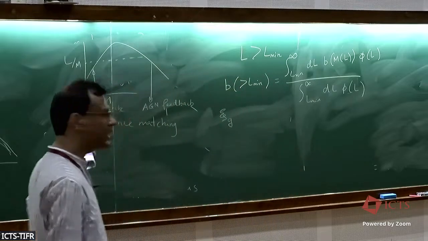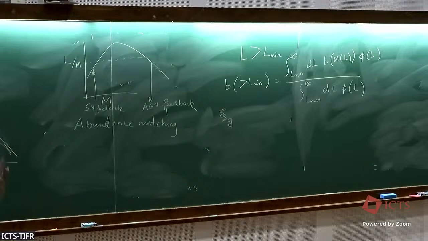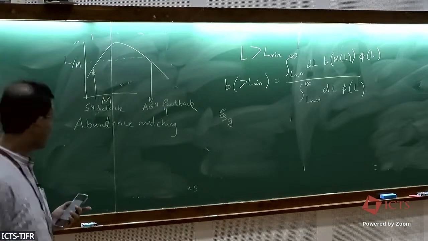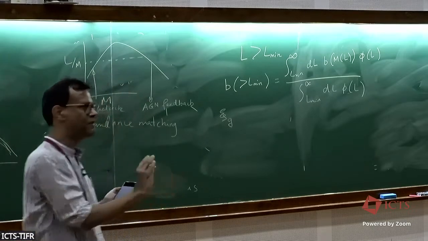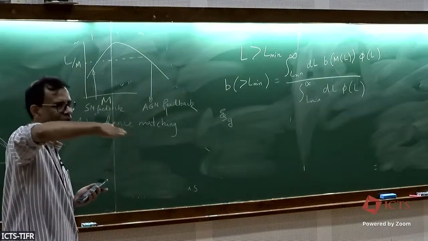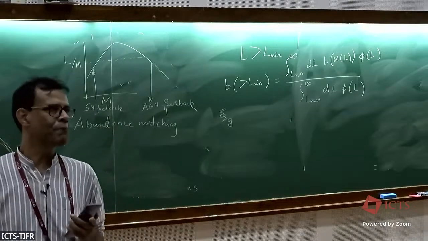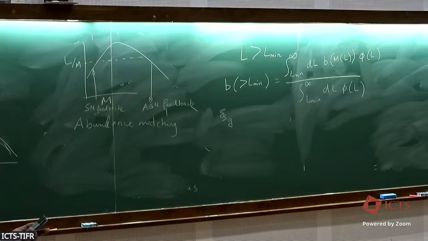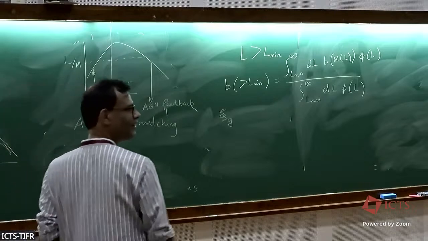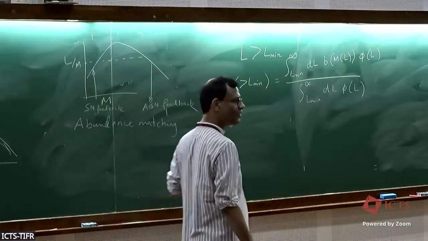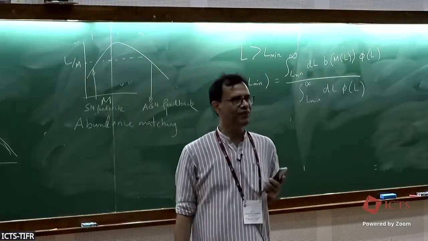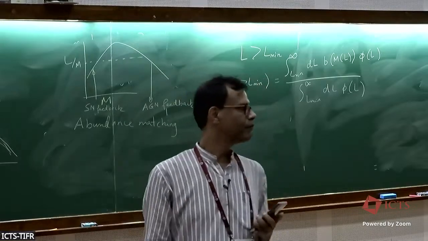So qualitatively, this model will do fine. But when you try to actually match quantitatively, because you have lost all the freedom now, you have to make sure it goes and sits on the plots for correlation function. It does not, okay? So qualitatively it works well, but quantitatively you will find it to be very difficult.